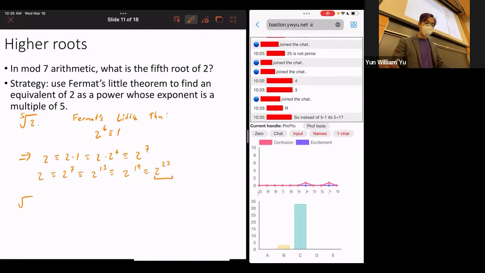But yeah, if we were just trying to find the fifth root of 2, well, that's equivalent to saying we're trying to find 2 to the 1 over 5, which is equivalent to saying this is 2 to the 25 to the 1/5, which is equivalent to 2 to the 5, which is equivalent to 32, which is equivalent to 4 mod 7.